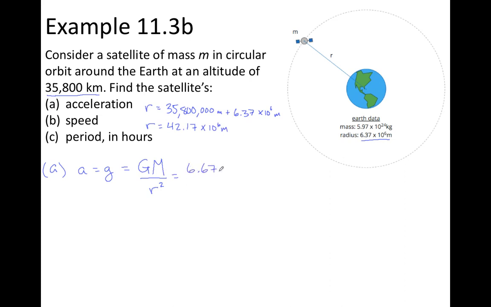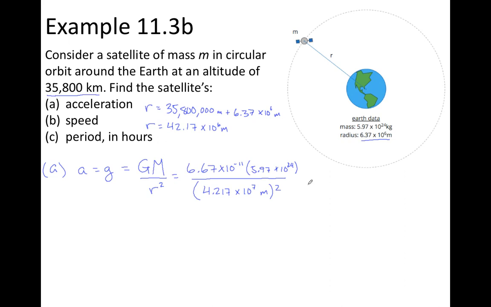Okay, so now I'm ready to plug in all my values. G is always the same value, 6.67 times 10 to the minus 11th. We're using the mass of the Earth here, 5.97 times 10 to the 24th kilograms. And we're going to divide this by our distance from Earth's center, 4.217 times 10 to the 7th meters.